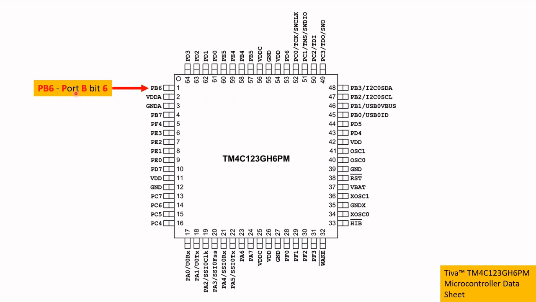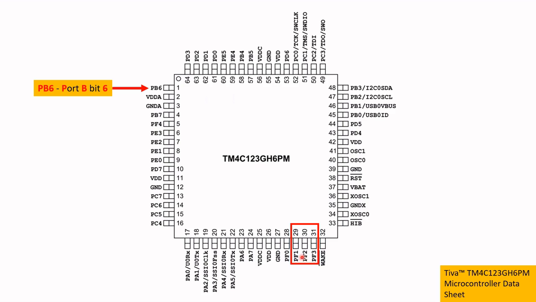Then take note of these 3 pins, which we'll come back to very soon: pin 29, pin 30, pin 31. The numbers inside the box here are the pin numbers.